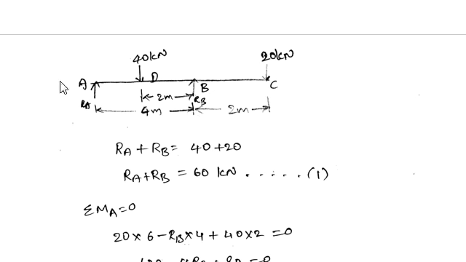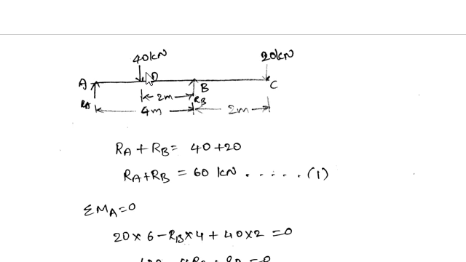RB is a force and it will create a moment about A. Since we have taken clockwise as positive, RB will go anti-clockwise about A. So this is minus RB into the distance 4 here, and once again plus 40, and the distance between point D and A will be 2 here.